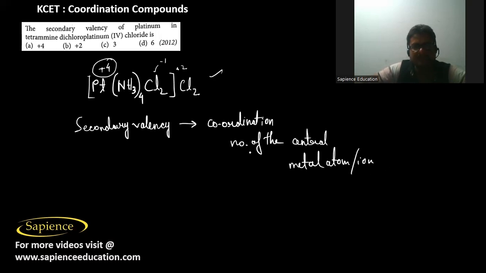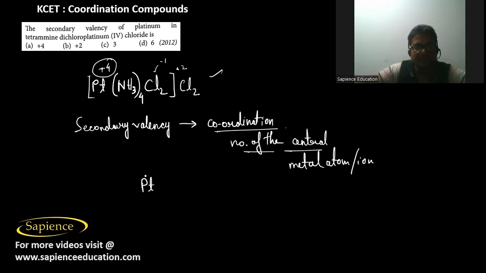It means how many atoms it is linked with, how many surrounding atoms it is bonded with in the complex ion.